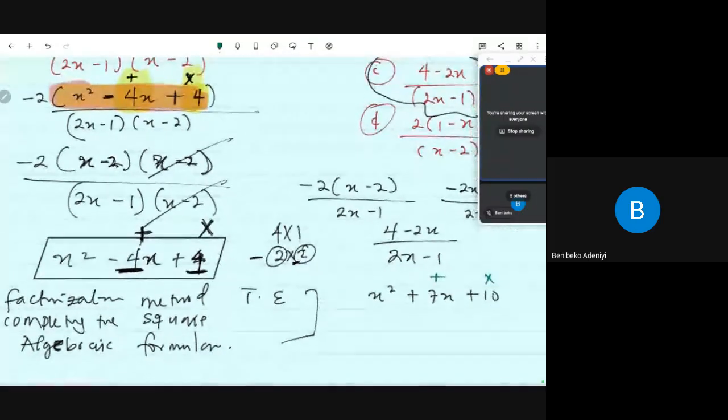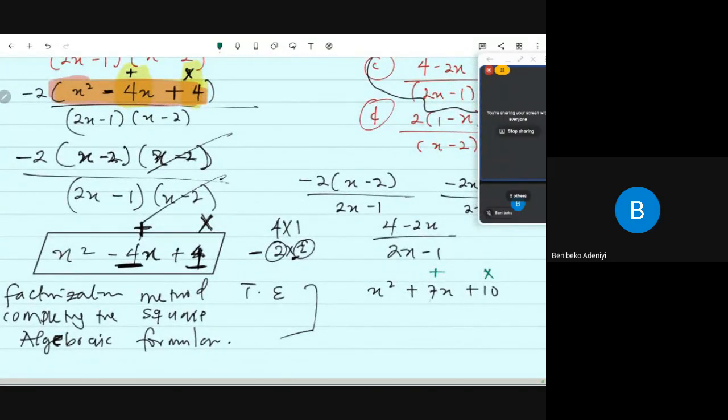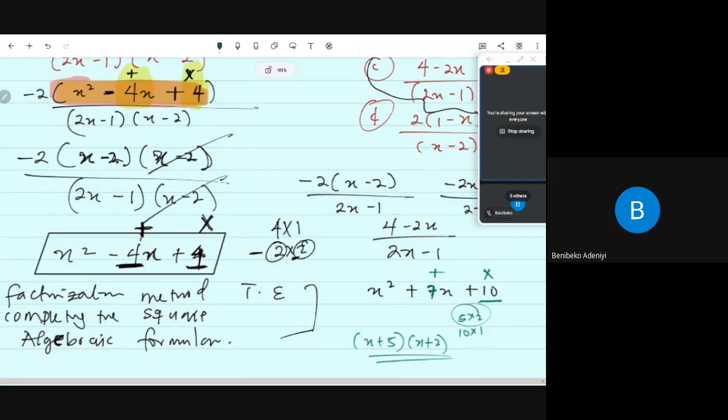Two numbers that when you add would give you 7, and when you multiply will give you 10. There are numerous numbers that you can multiply to give you 10. So start with this multiplication. What two numbers can you multiply to get 10? 5 times 2, 10 times 1. So one of these will give you 7, and it is 5 plus 2. So just change your answer to x plus 5, then x plus 2. That's your answer. Do you understand?